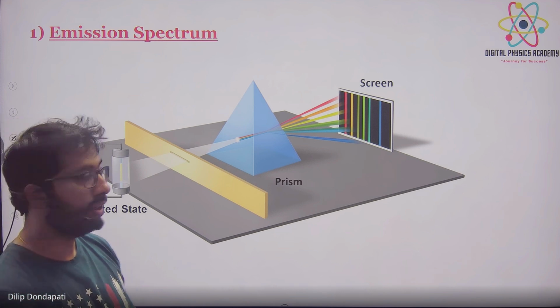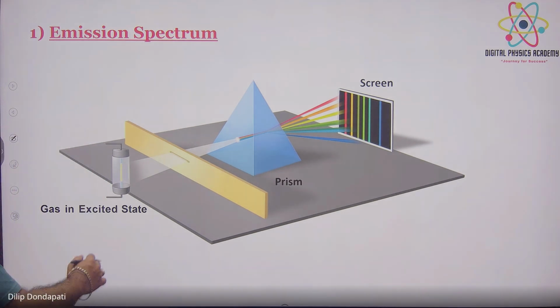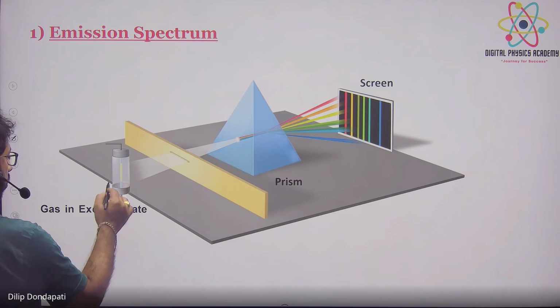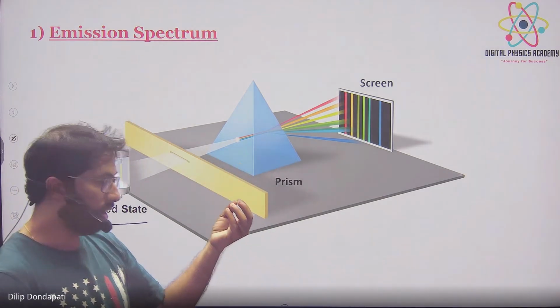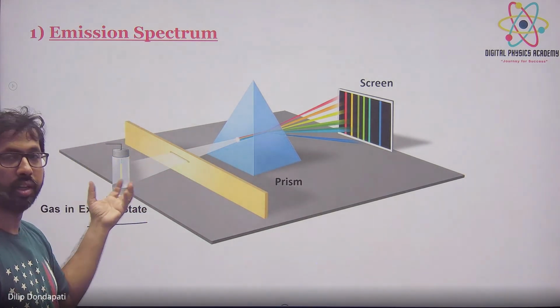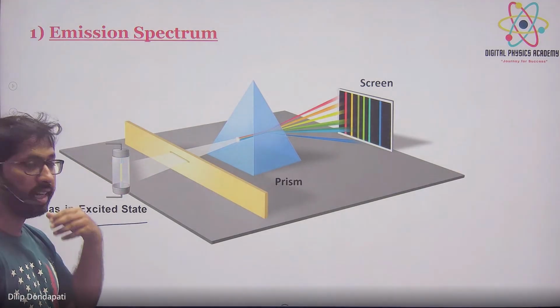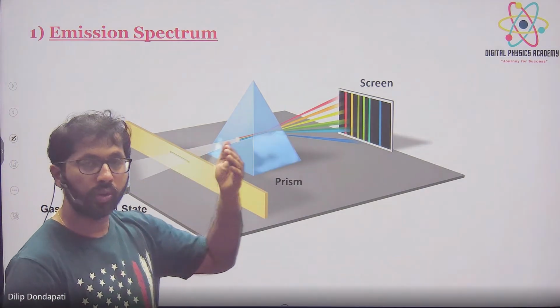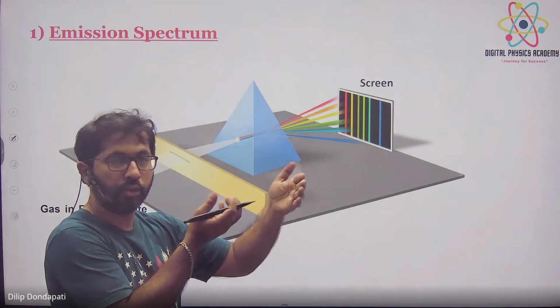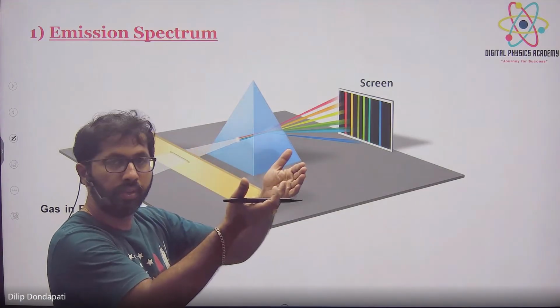Emission spectrum क्या है? एक gas को we are heating. We are giving some heat energy. Gas molecules, these are atoms, right? Electrons gain energy and jump from lower energy level to higher energy level. So many atoms are there, jump होगा.